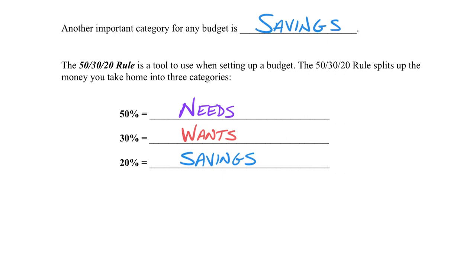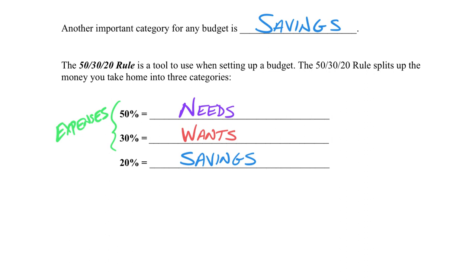Really, it is 2 big categories. And this first 50 and 30 are really our expenses. That's the way that we're going to spend money. Rather than focusing in on whether it's fixed or whether it varies, we're going to look at it from the standpoint of what do you need to spend versus what do you choose to spend? What do you want to spend?